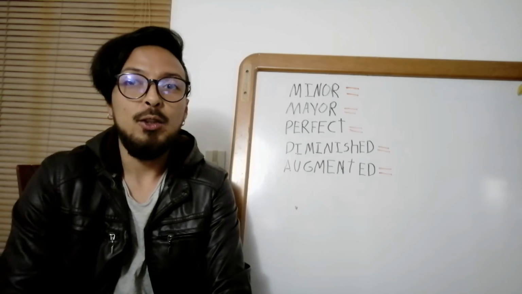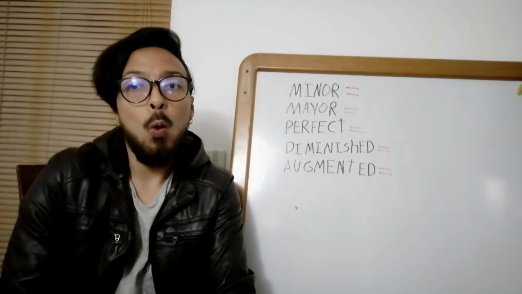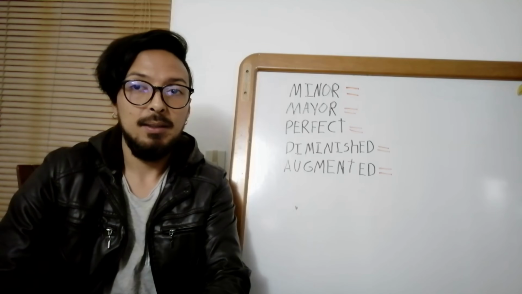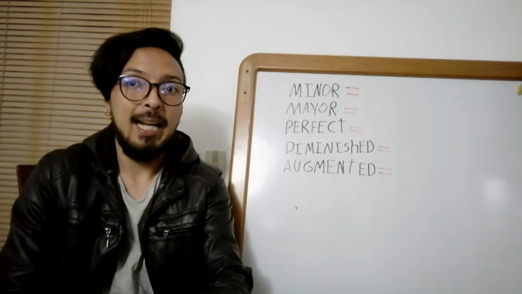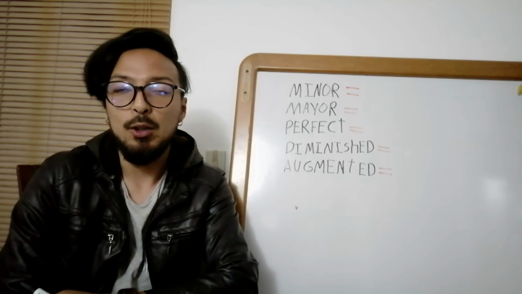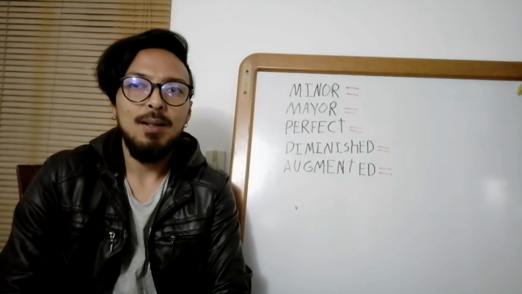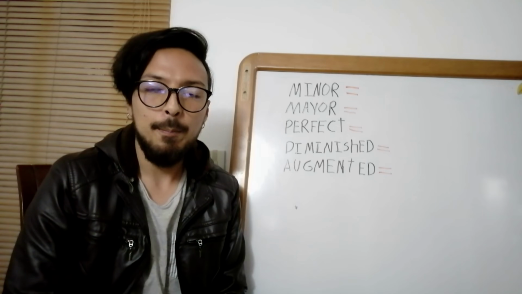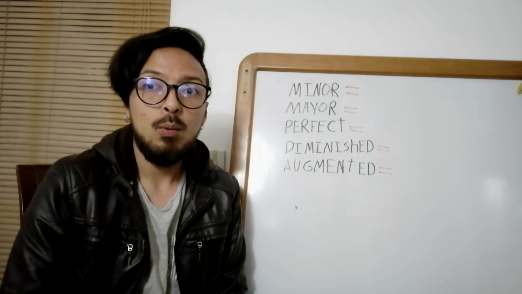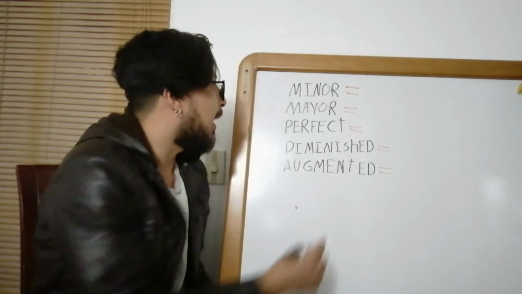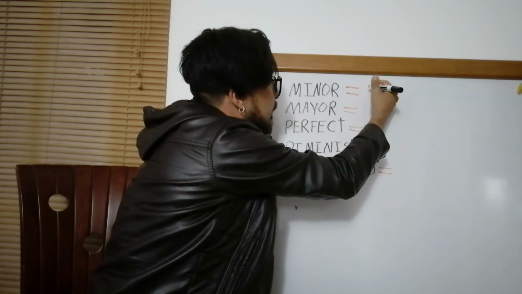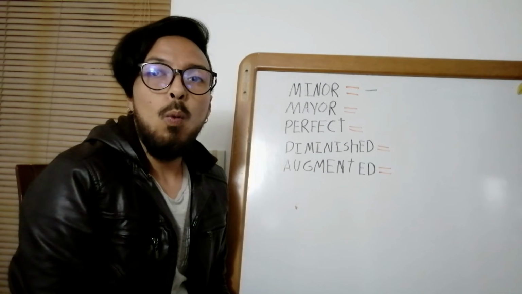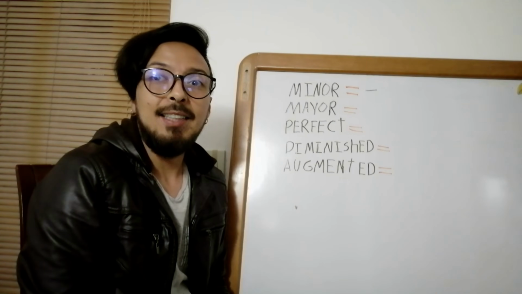First, we need to learn the quality of the interval, the adjectives. Remember that the quality is an adjective that describes the distance between two notes. So let's begin. The first quality that we have is minor, and we can represent it with a minus or with a lowercase m.